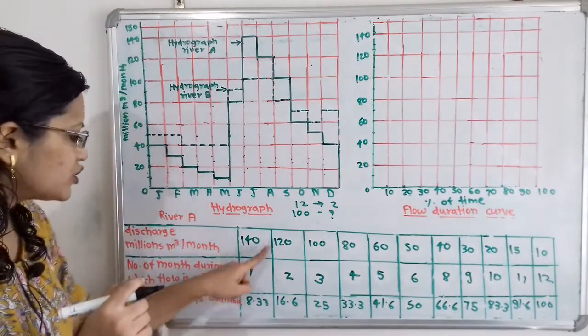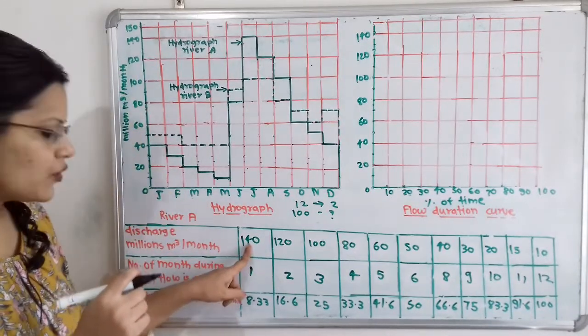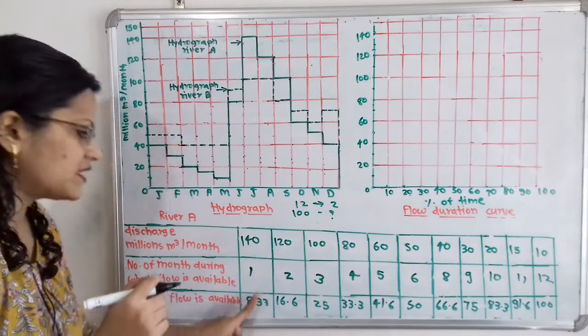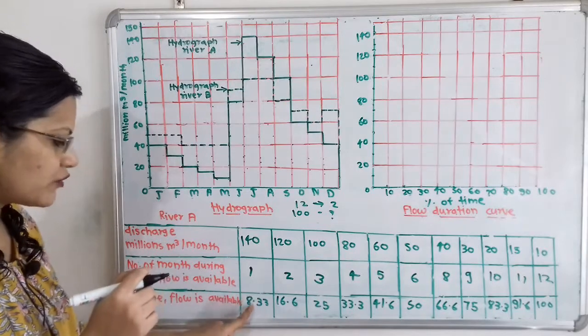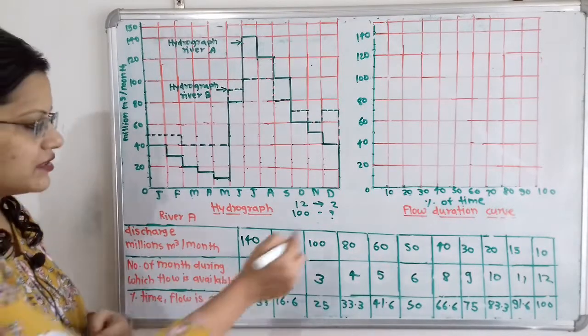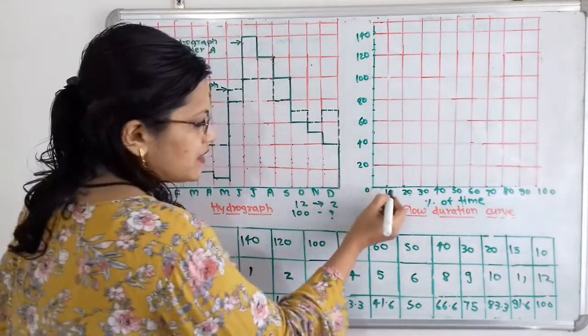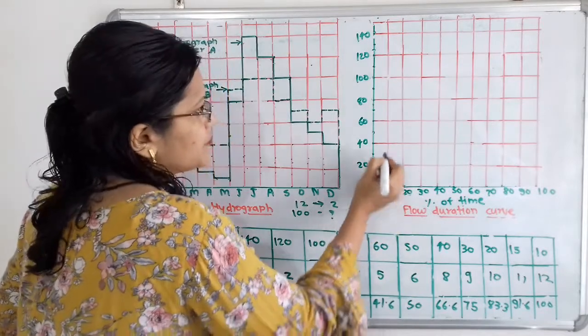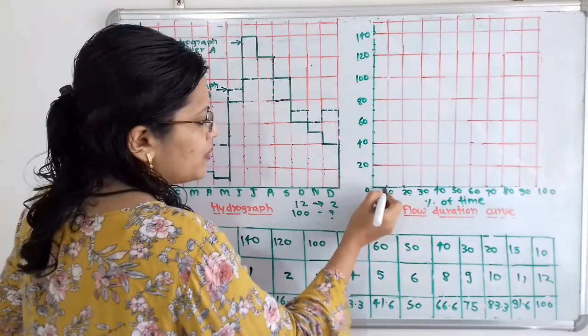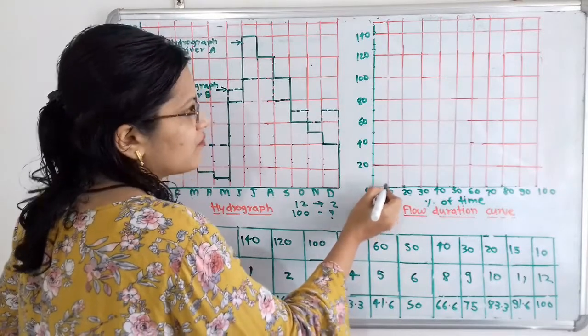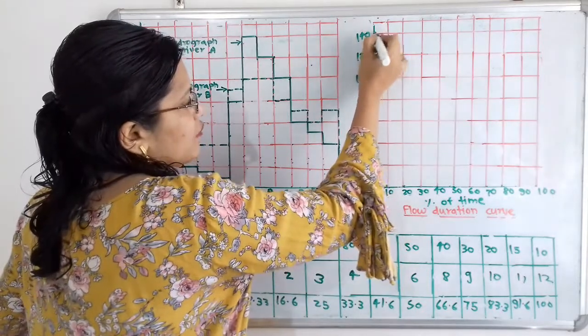Here for the discharge of 140, we have to refer the percentage time. So for 140 discharge, what is the percentage of time? That is 8.33. So 8.33, that is before 10. So here we have to plot one point for 8.33, that is approximately equal to 8, and on the line of this 140.